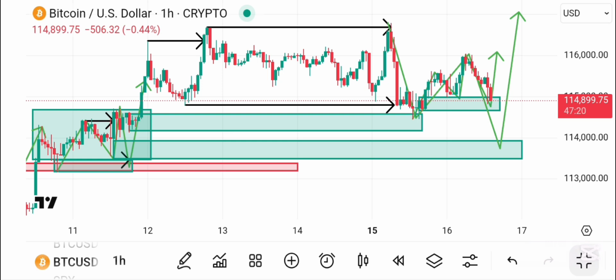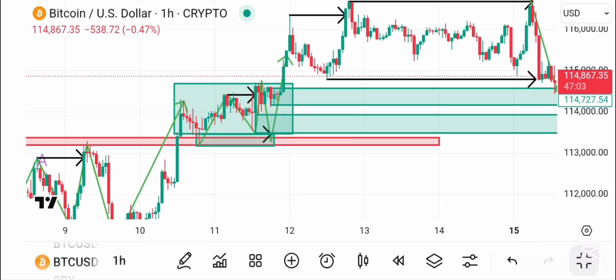And how does it form? Often after a sharp upward move, price stalls and reverses, leaving behind a cluster of price levels where selling interest is high.